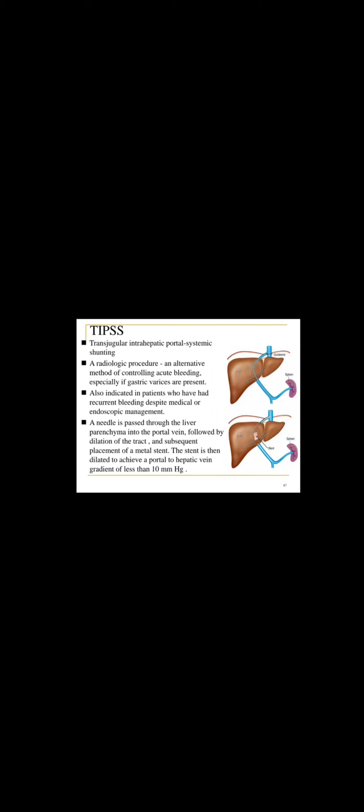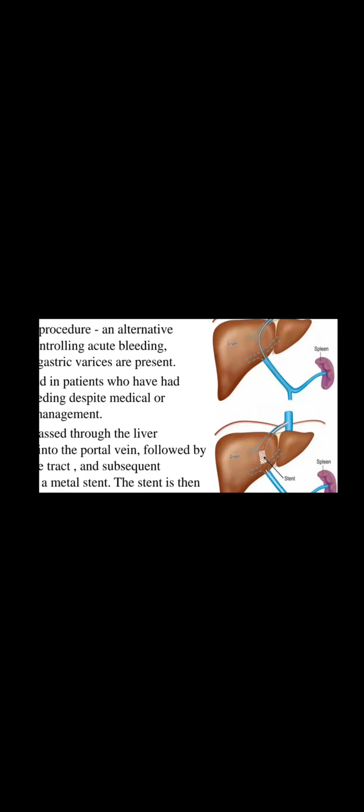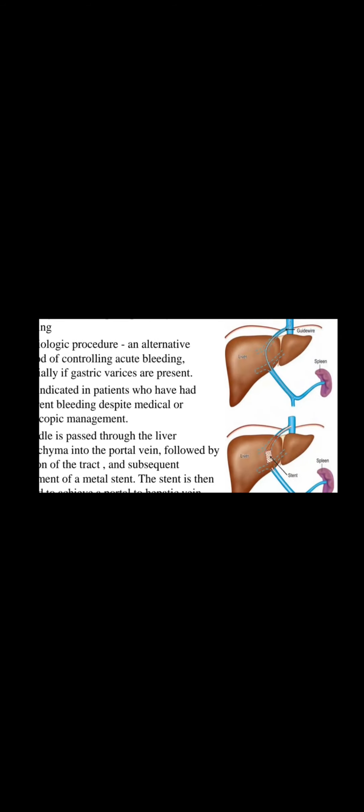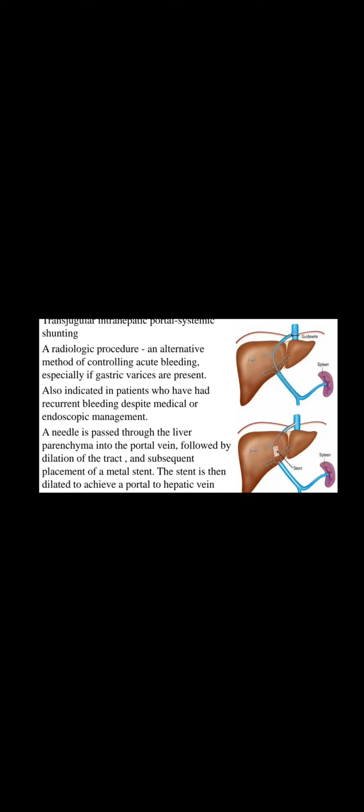The procedure: a needle is passed through the liver. You can see the image. A needle is passed through the liver parenchyma into the portal vein, followed by dilation of the tract. Once the tract is dilated, a metal stent is placed, and then the stent is dilated to achieve a portal to hepatic vein gradient.